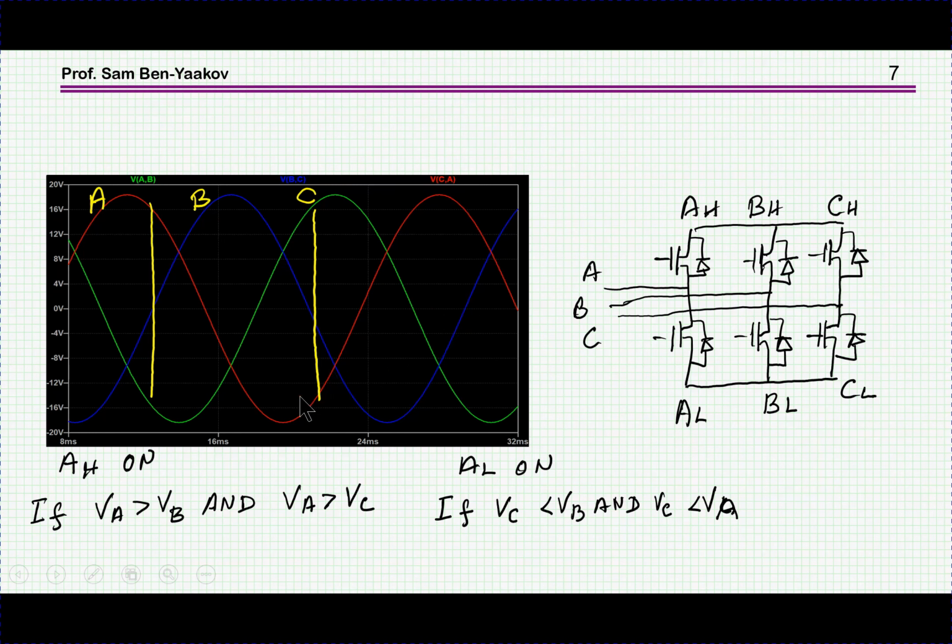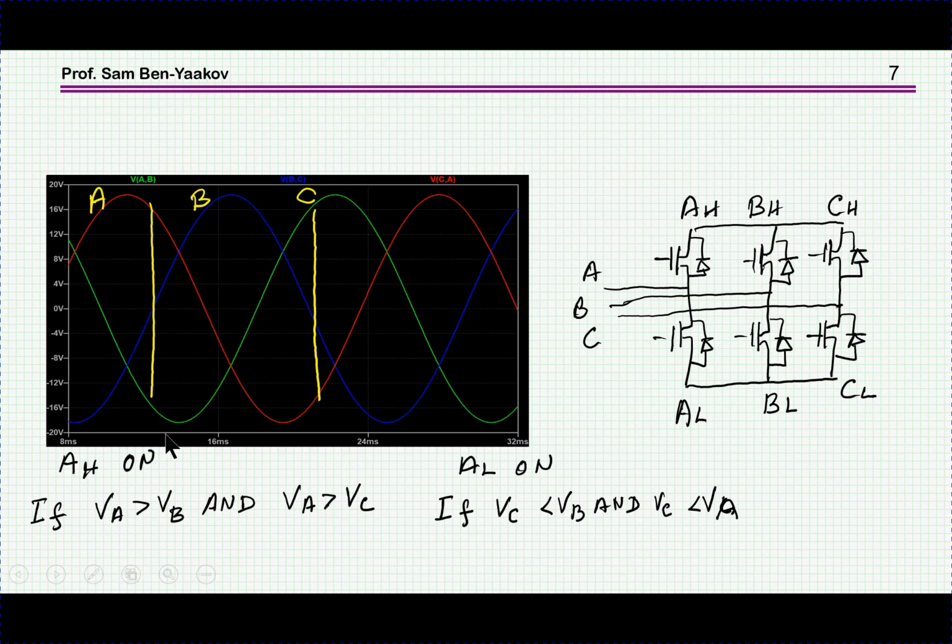and therefore we can use this dependent voltage source. So let's have a look at a situation in which phase A is high, phase C is the lowest one, and B is in between. In this case, we would like the upper transistor of A to conduct and the lower transistor of C to conduct.